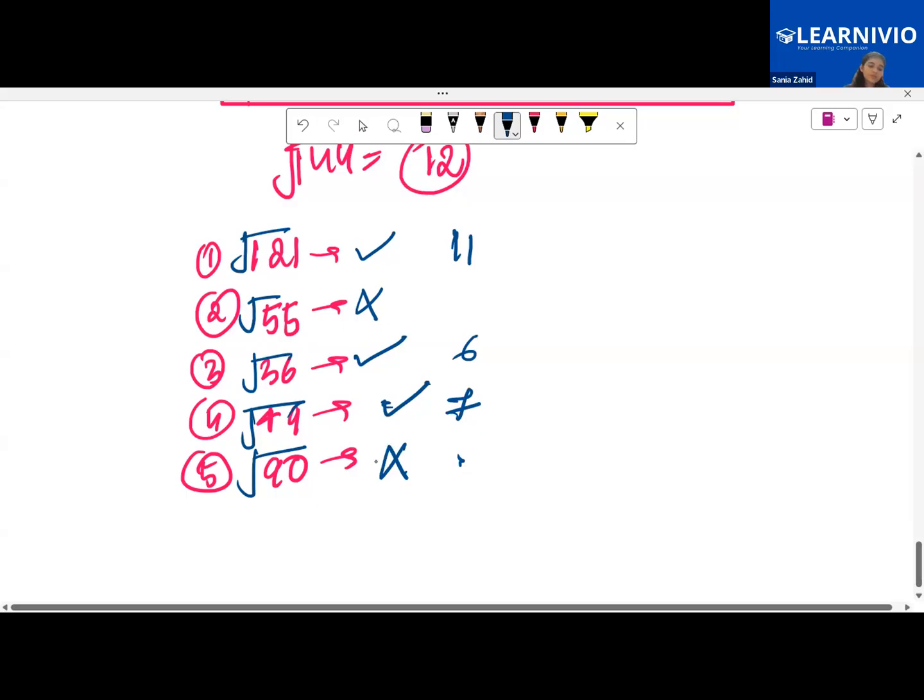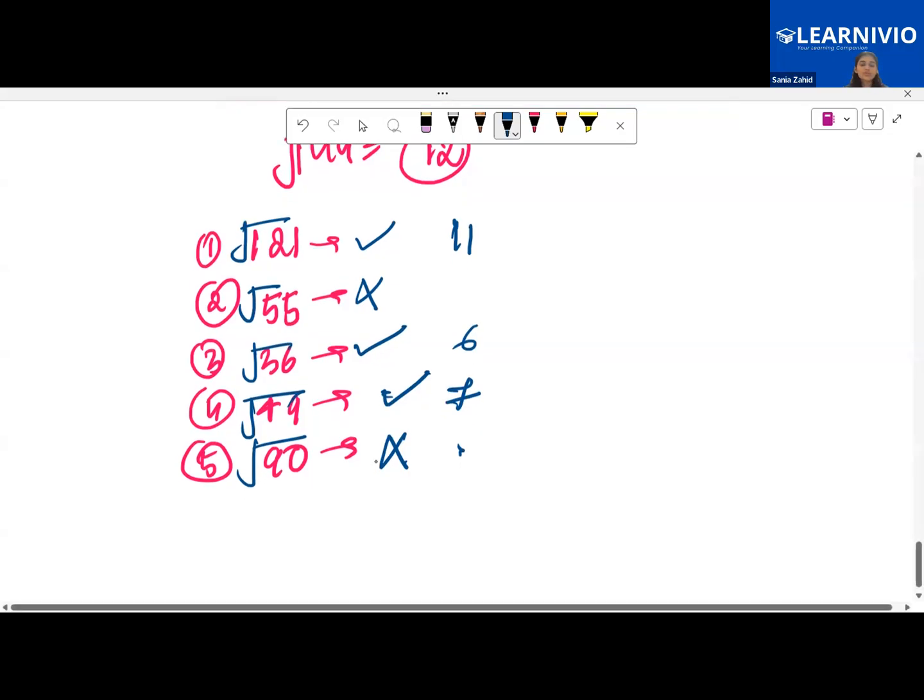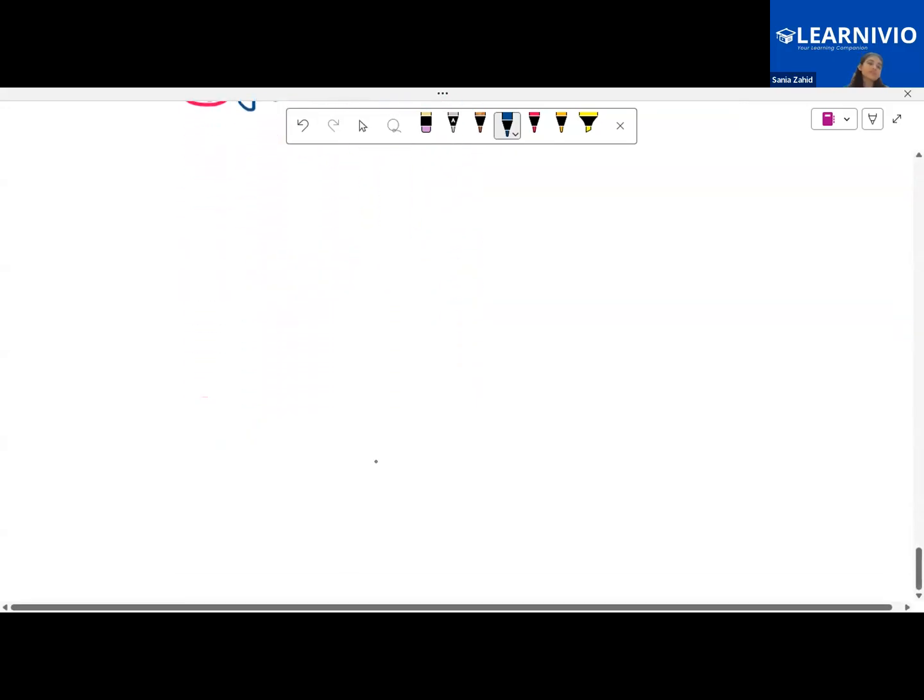So this is how we use the method of repeated subtraction. I hope this is clear to you. Now you have to find the square root of the following numbers via the prime factorization method. Question 1 is the square root of 6400. Do it by prime factorization.